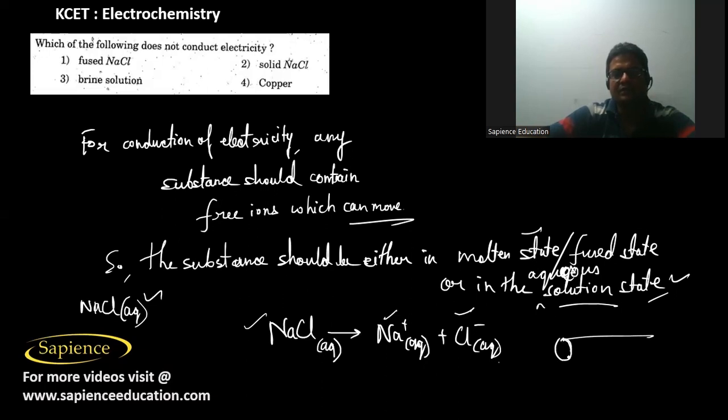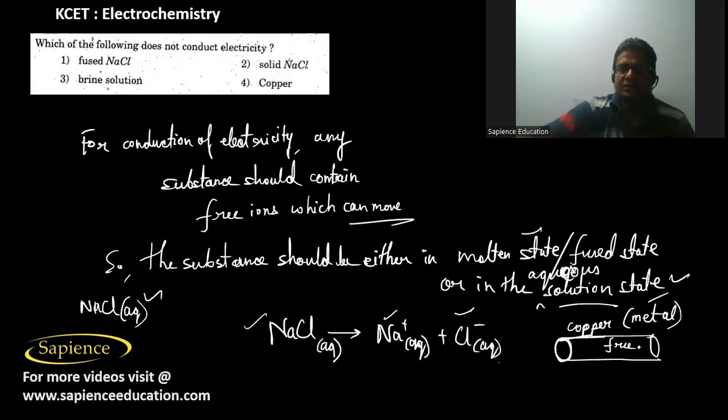So if it is in the solid state, it can still conduct if it has free electrons in it. Since copper is a metal, it has free electrons in it which can flow easily through it when some potential difference or voltage is created across it.